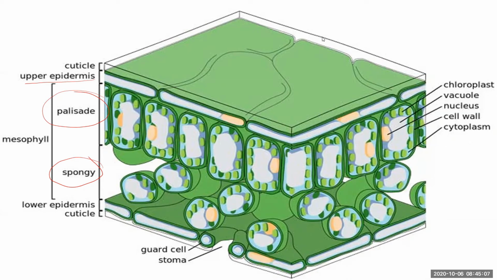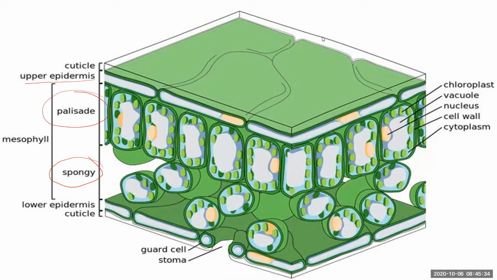Okay. So again, we can divide the parenchymal cells into two types. We have the palisade cells and the spongy cells. So for the palisade cells, they are usually compact, magkadikit, and they are usually seen sa upper portion ng leaf or the part of the leaf facing the sun.